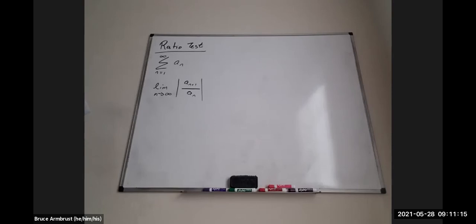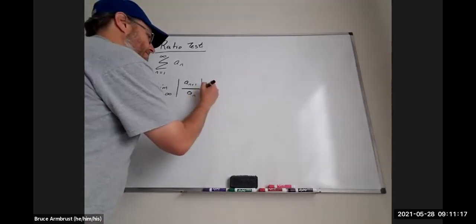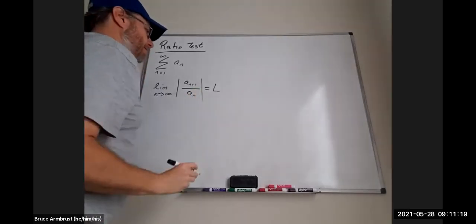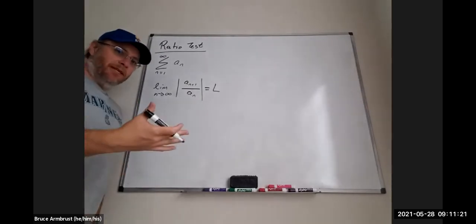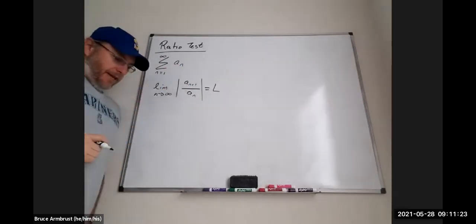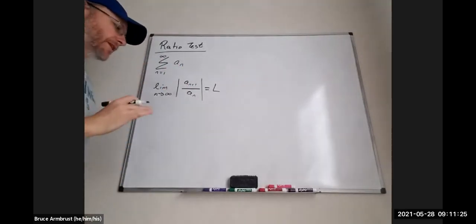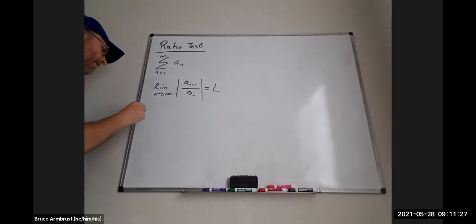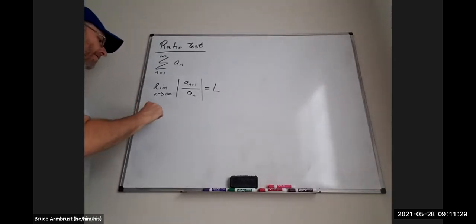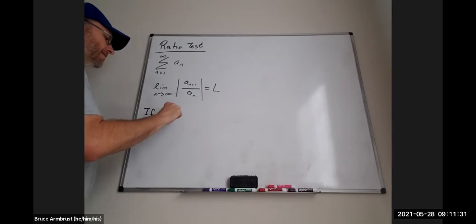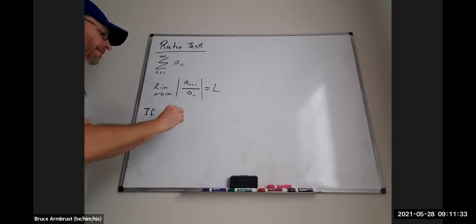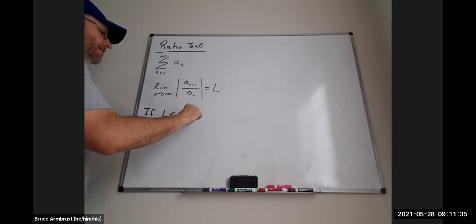For the sake of having some sort of a number for it. Okay, so we're going to take this limit, and look at this guy L. Here's what the ratio test says. If L is less than 1, the series converges.